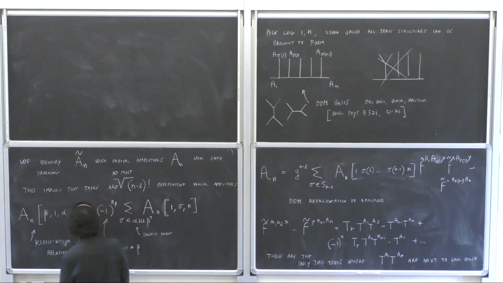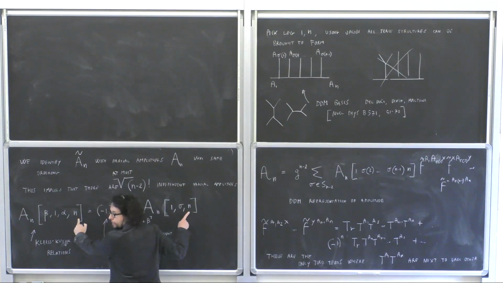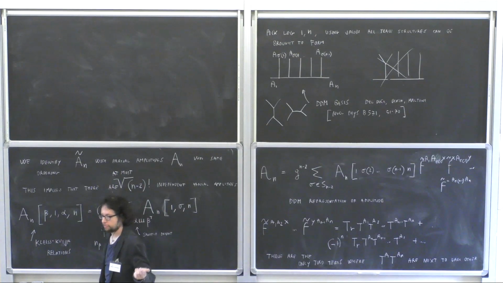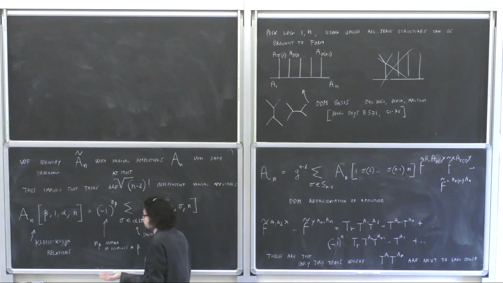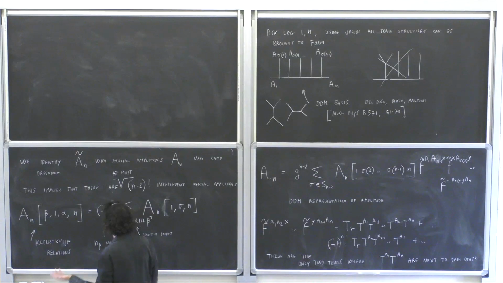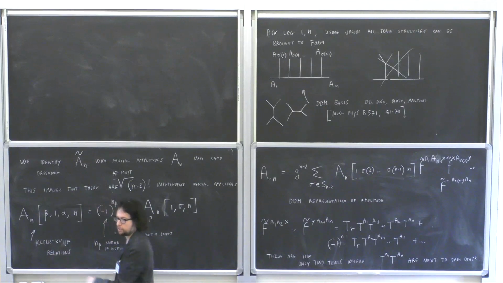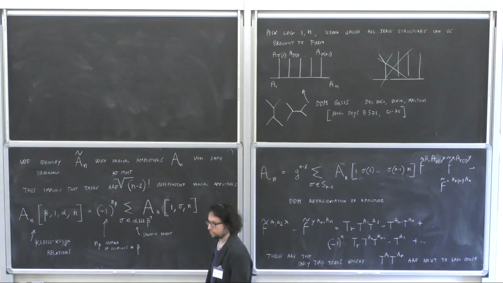There is a difference between beta and alpha in here, at least implicitly, namely in the fact that here n is in fixed position, so I don't need to move n, and 1 I need to move to the prescribed position. Of course, you can have a similar set of identities obtained by relabeling, in which you consider amplitudes in which n has different positions, and relate them to amplitudes in this form.